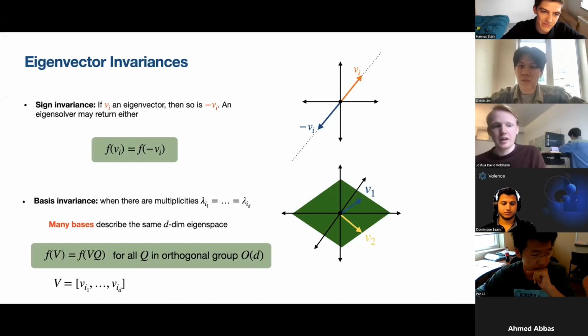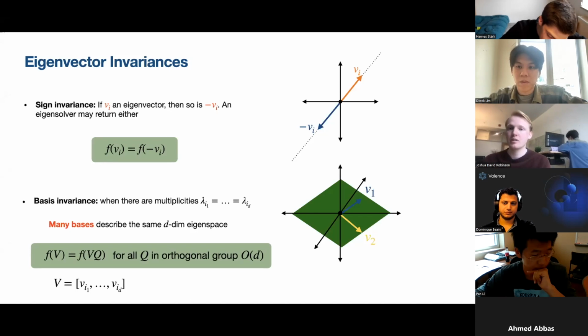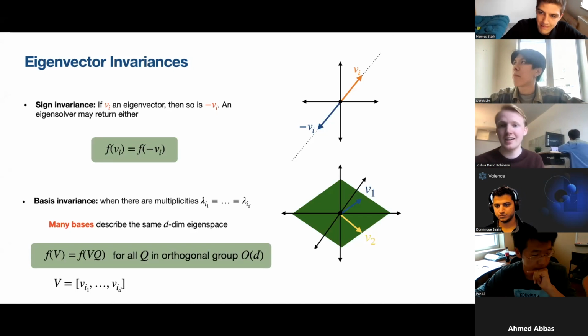In the case of eigenspaces, we want our function to have the same value no matter which choice of eigenbasis we use. You can transform an eigenbasis, which can be represented as the column concatenation of all of the vectors in that eigenbasis, into any other basis via right multiplication by an orthogonal matrix Q.